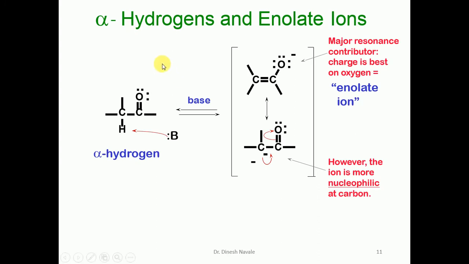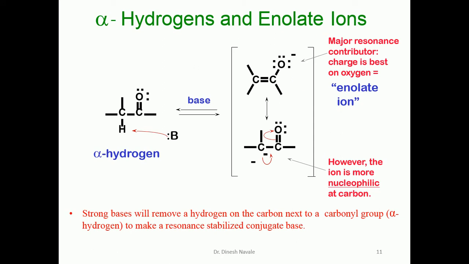Now, alpha hydrogens and enolate ions. We have already discussed this in the previous example. The alpha hydrogen atom is acidic in nature, and a base can easily pick up this proton. After the base picks up the proton, it forms a carbanion, and this carbanion has a resonance structure with the carbonyl group and forms the enolate ion.